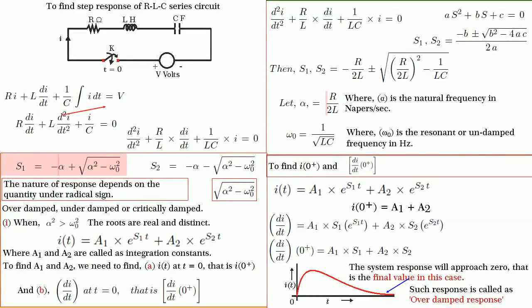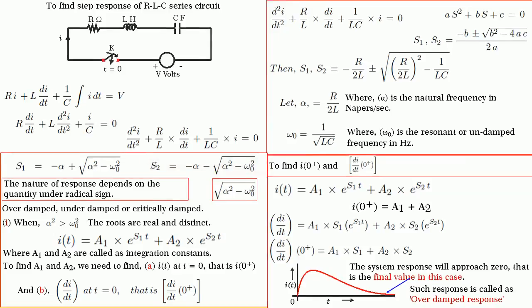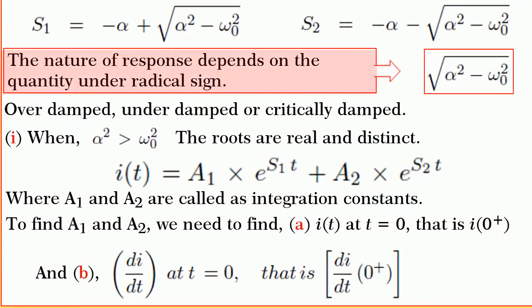Substituting for alpha and omega naught, we can obtain the roots as s1 is equal to minus alpha plus root of alpha square minus omega naught square, and s2 is equal to minus alpha minus root of alpha square minus omega naught square. We know that the nature of the response depends on the quantity under the radical sign, root of alpha square minus omega naught square.